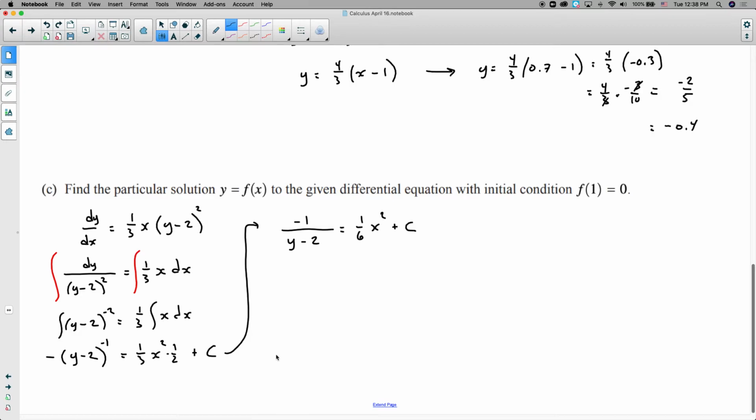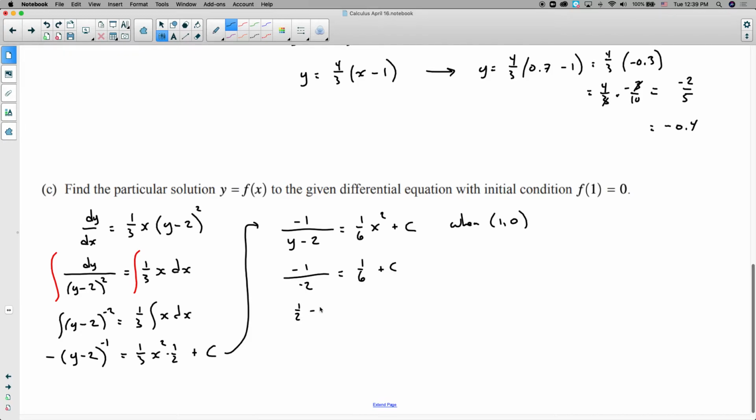Okay, so that's the general solution, and then I'm going to go and find c by using this initial condition, which is input 1, output 0. So that makes negative 1 over negative 2 there, and over here it makes 1/6 plus c. So what is that?